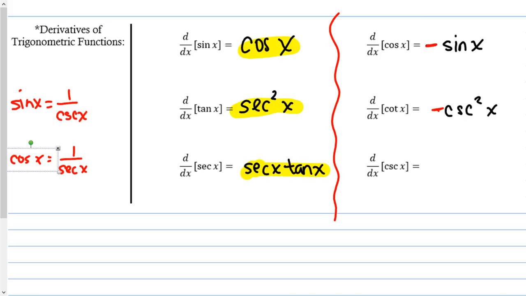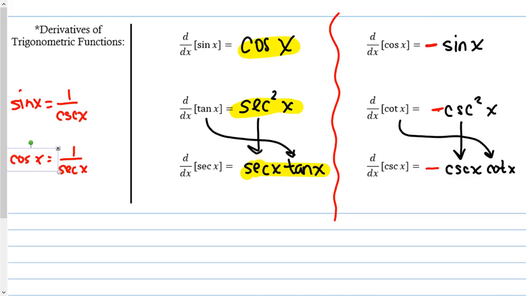Okay, so secant, tangent, right? Cosecant yields me cosecant x, cotangent x, but once again, negative.